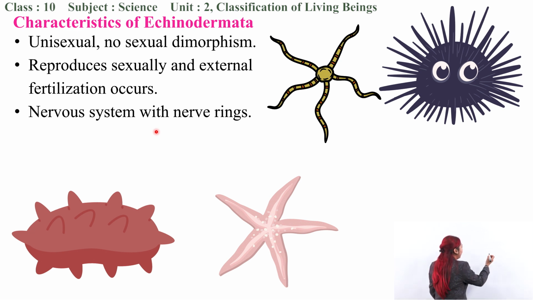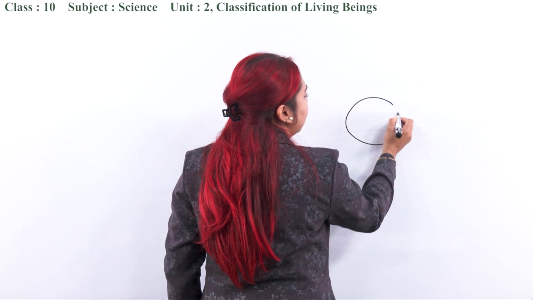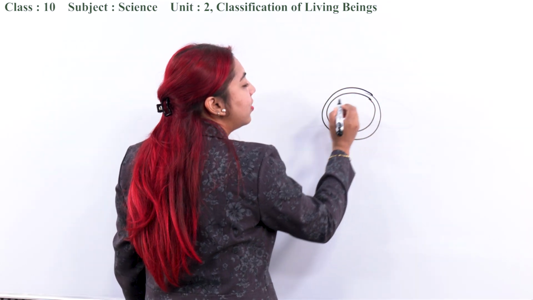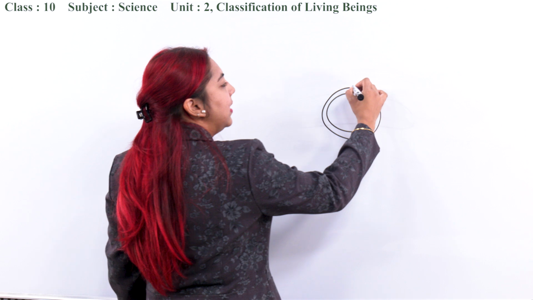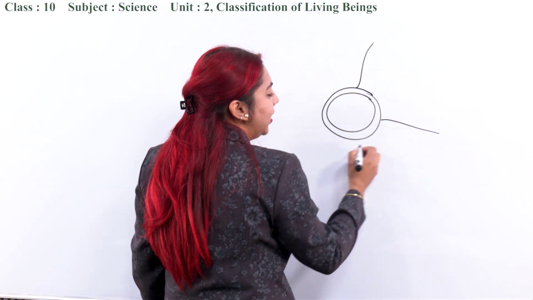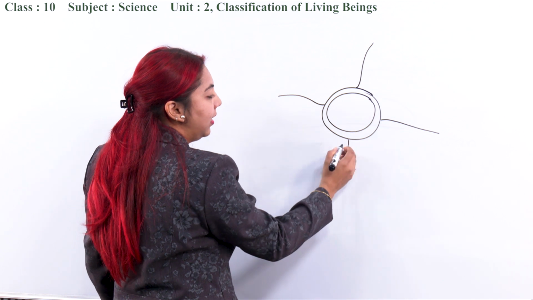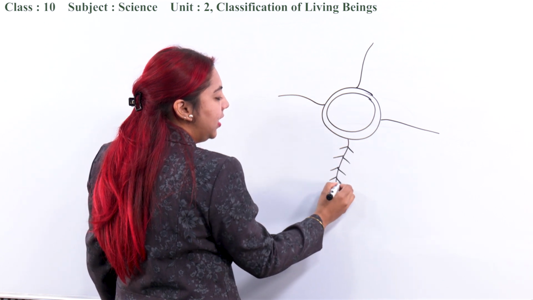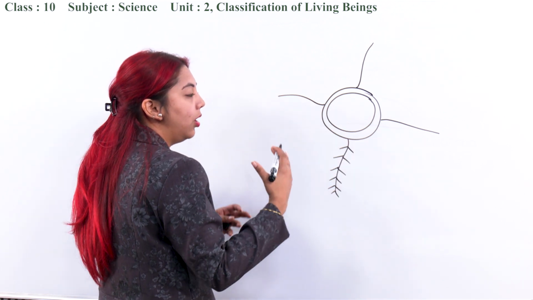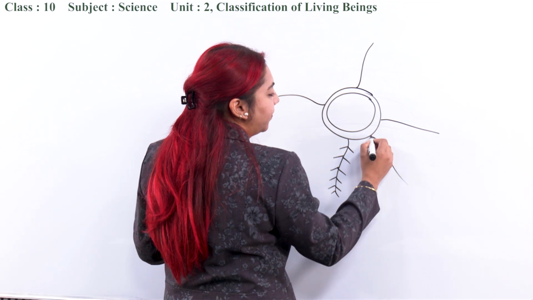Now, the nerve ring occurs like this, and it usually surrounds the mouth area, and it has radiation. The nerves also radiate outward from the ring, and these nerves innervate all the arms of the organism.